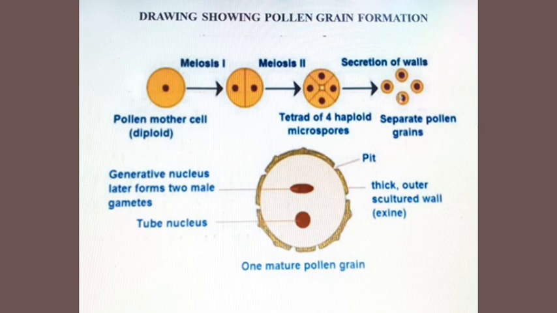These walls are going to thicken to form a thick outer layer known as the exine, and it will form a thin inner layer, which is going to be called the intine. Through a process of mitosis, the nucleus in each of the tetrad cells is going to be split into 2. One is going to be the generative nucleus, and 2 is going to be the pollen tube nucleus, as we are seeing.